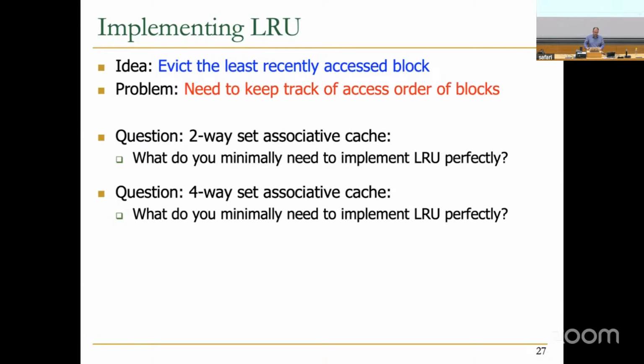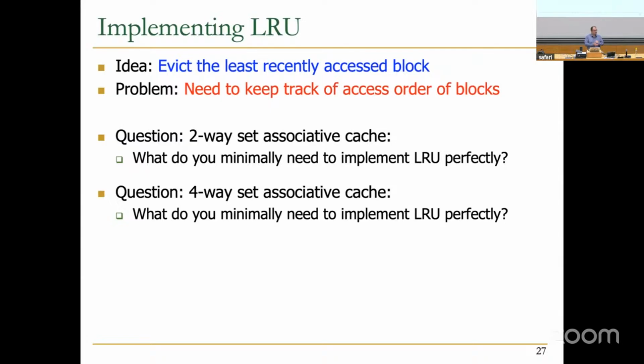It's kind of a probability question: how many different possible orders can you have in a four-way associative cache? How many orders can I have when I have 4 blocks, if you remember something from mathematics? 24. Exactly.